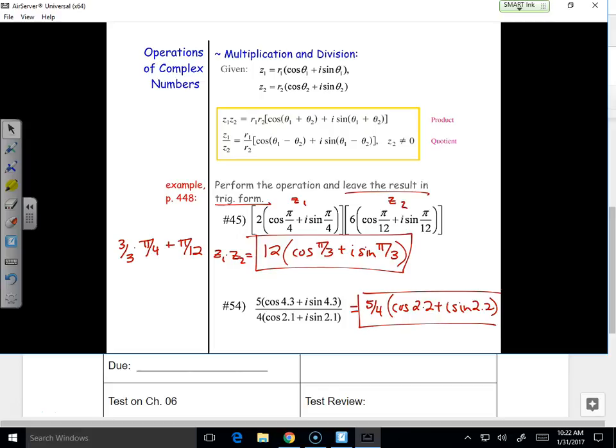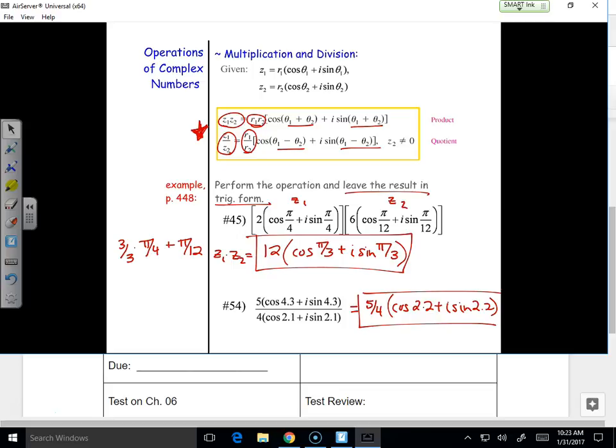Wait, what are we doing? Aren't we plugging in? If we multiply the r's and then add the thetas, we're done. If we divide the r's and subtract the thetas, then we're done.